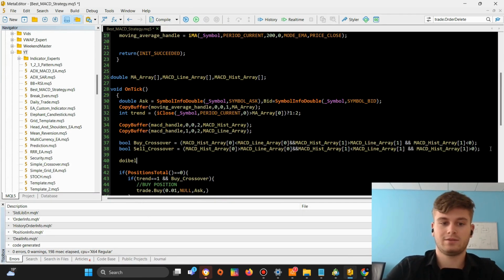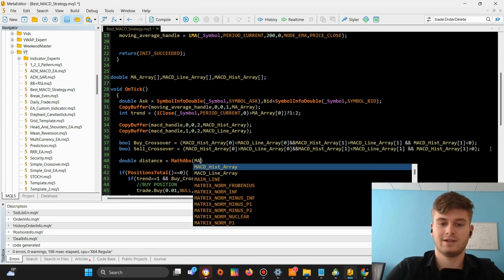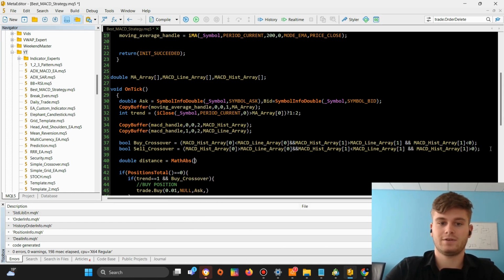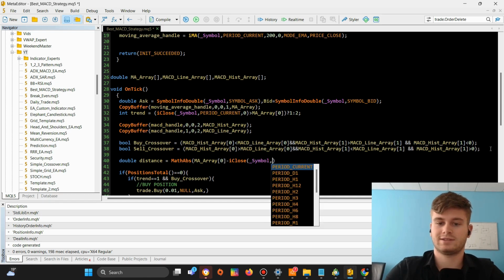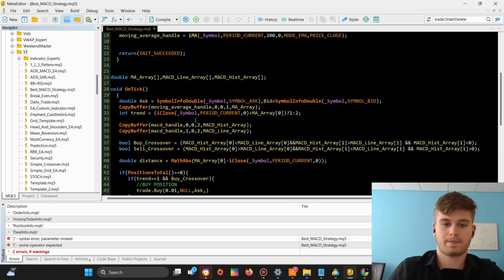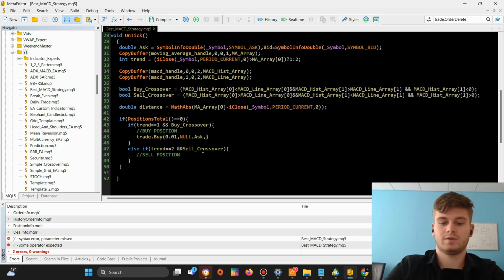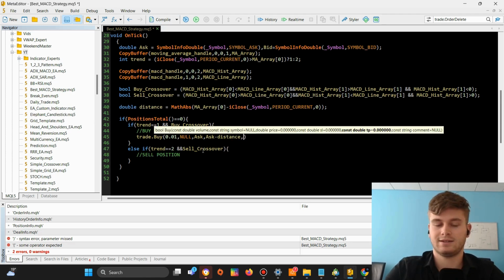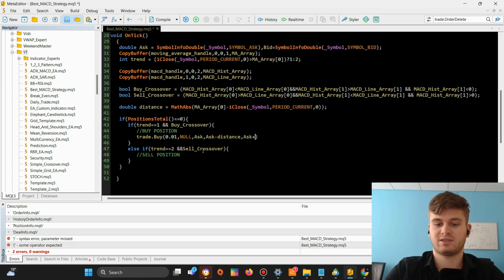So double distance is math absolute value of MA array at position 0 minus iClose symbol, period and shift of 1. Okay, so this is what we need. So now it's basically ask minus distance, and take profit is ask plus distance times 1.5.